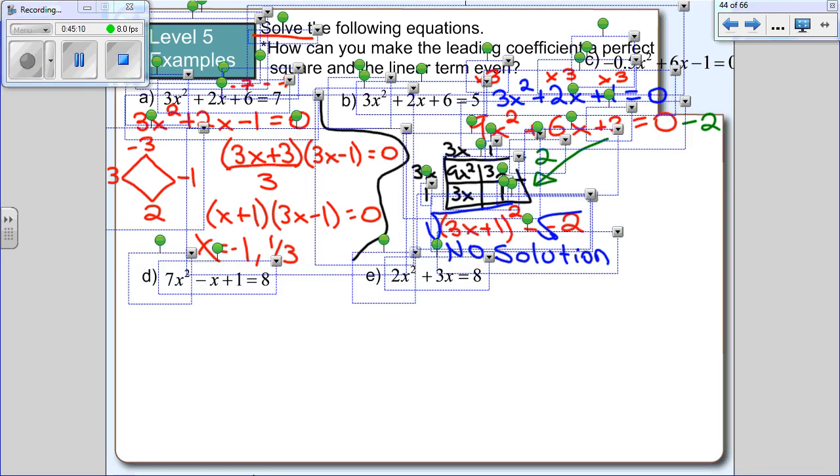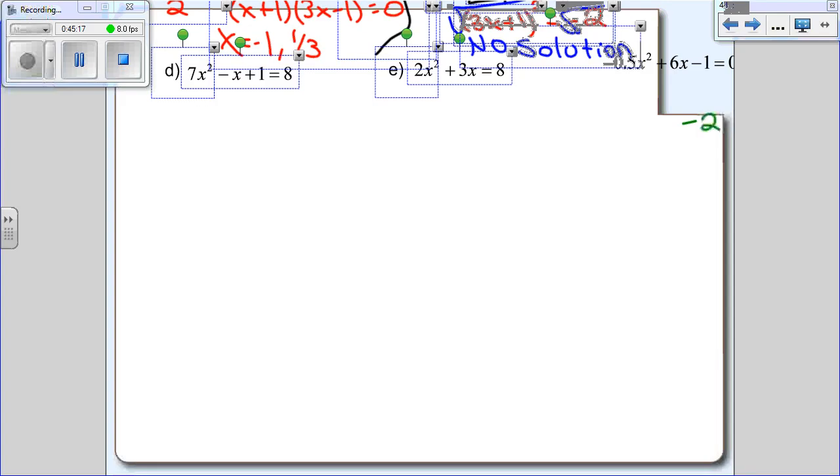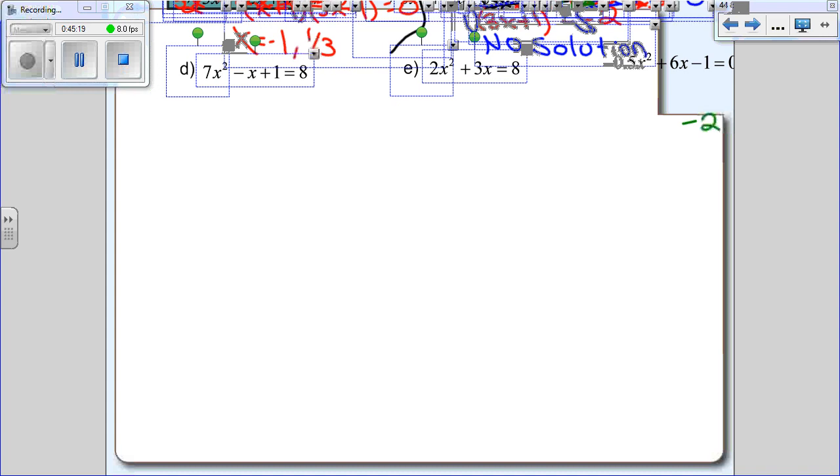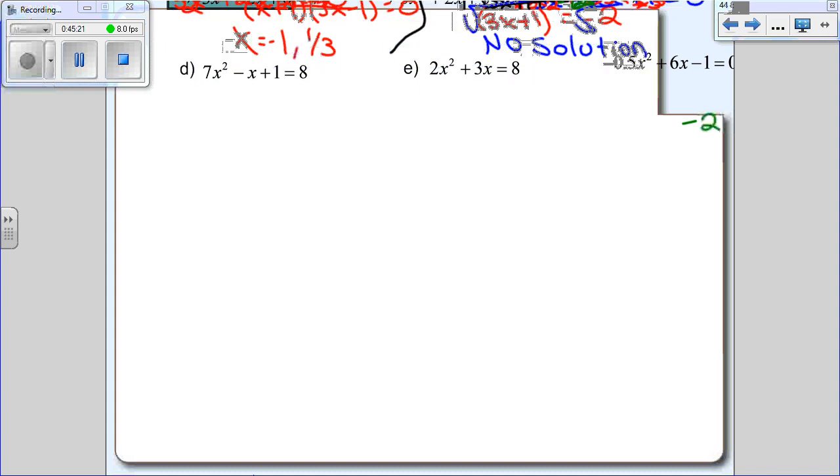D. What's the first step? General form. Always general form. So you're going to subtract 8 from both sides. You get 7x squared minus x minus 7 equals 0. For this one, you want a perfect square a value, correct?